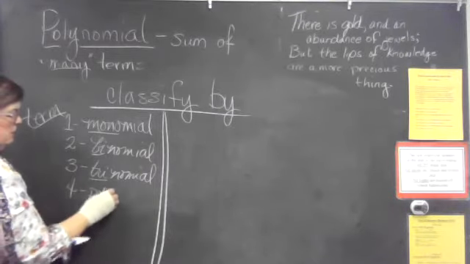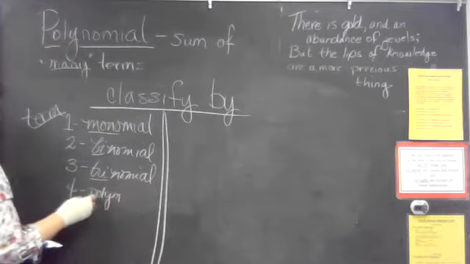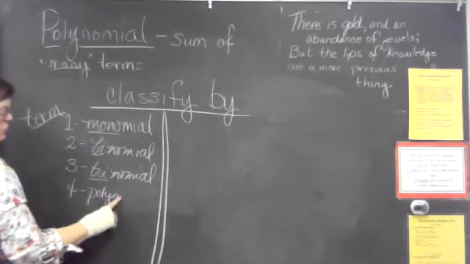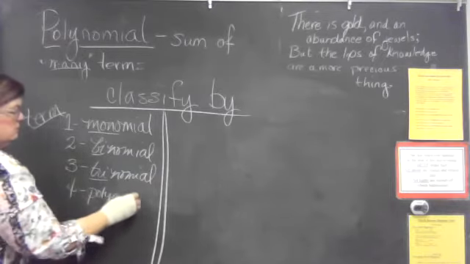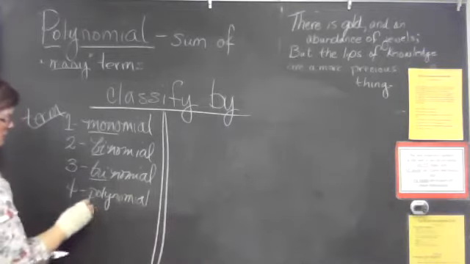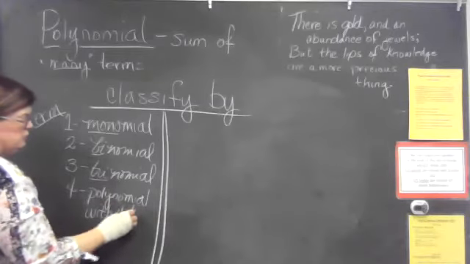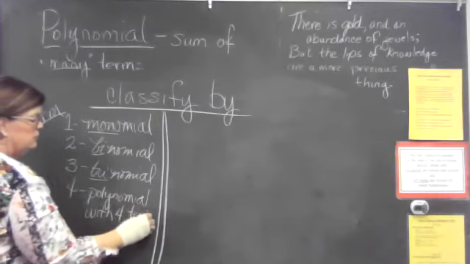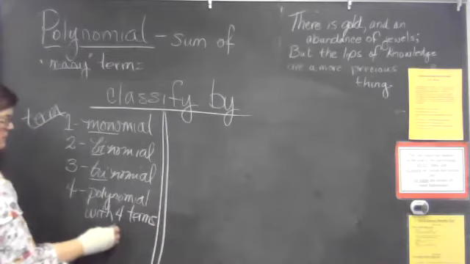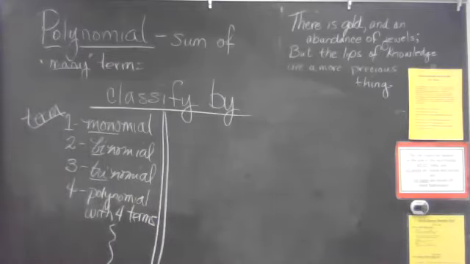So from here on, it's going to be polynomial with four terms, is what you'll say. So you only really have to memorize three of them, and those are pretty easy. Mono means one, bi means two, tri means three. That's classifying by terms.